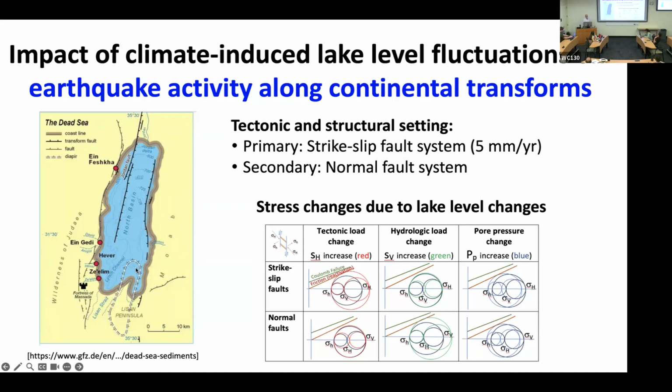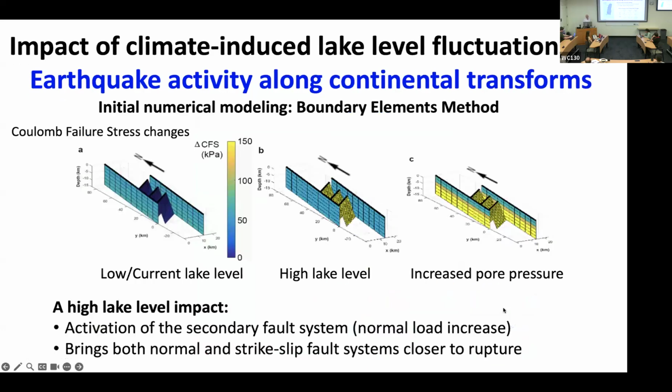And what we see in the Dead Sea, we have strike slip faults over here and normal faults. And when we increase the hydrological load, we can bring these normal faults closer to failure. So basically, we can activate the normal fault system, and pore pressure can increase both of them.